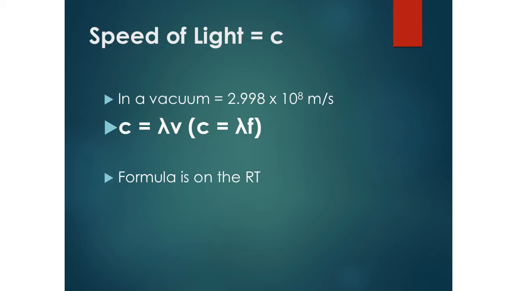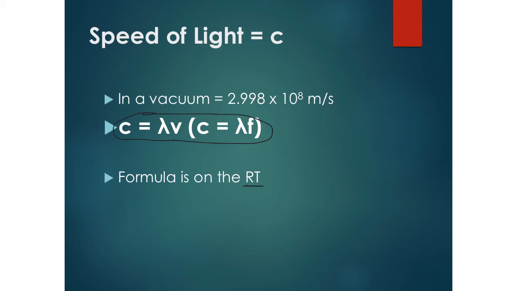On your reference table, you want to look at the atomic structure section, and we have a formula that we are going to use. So it's c equals wavelength times frequency. Again, that's the Greek letter nu, or you can just use f that you did in physics for frequency.